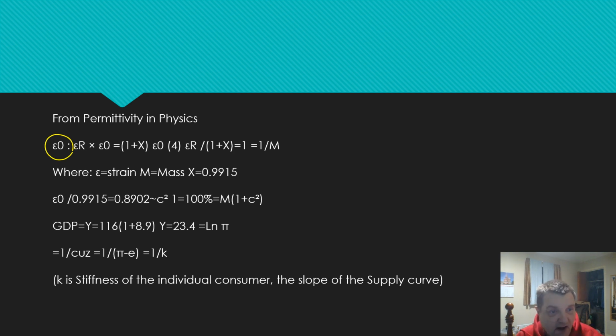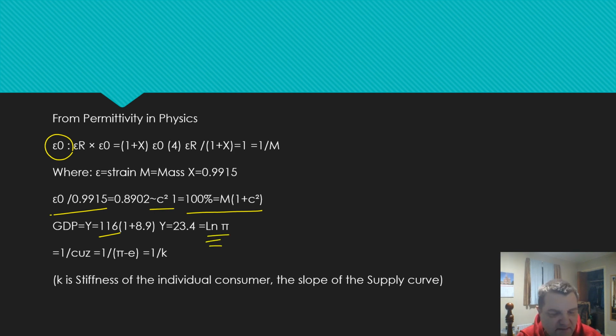So epsilon naught is equal to 1 divided by 0.9915, which is equal to c squared, which is equal to 100% equals m times 1 plus c squared. GDP is equal to 116, which is your mass, times 1 plus 8.9. Y is 23.4, which is equal to the ln of pi.